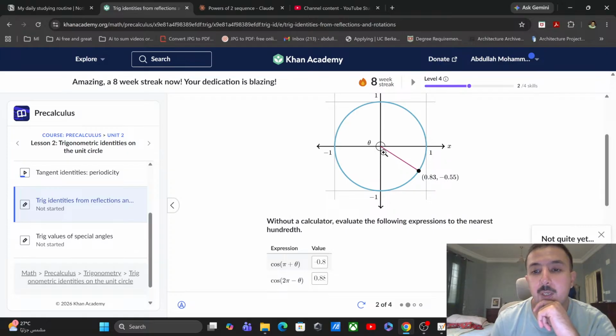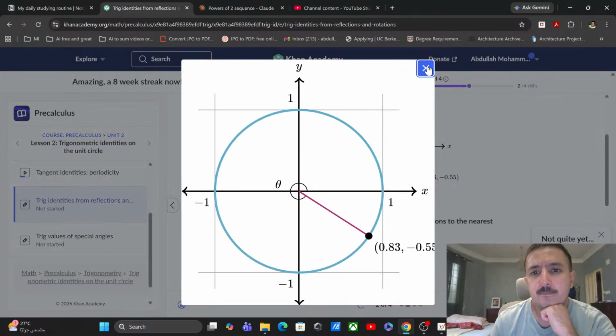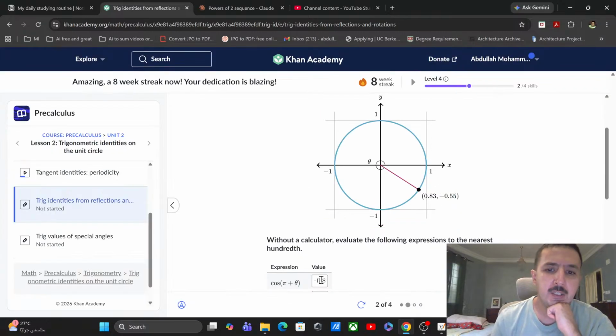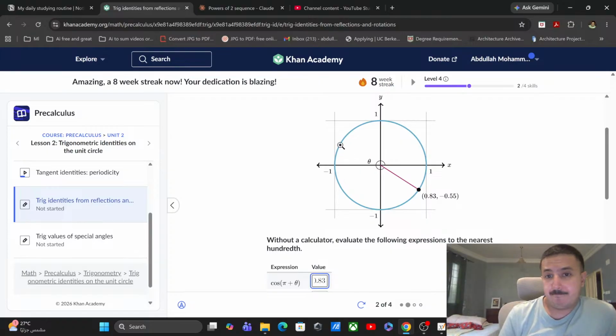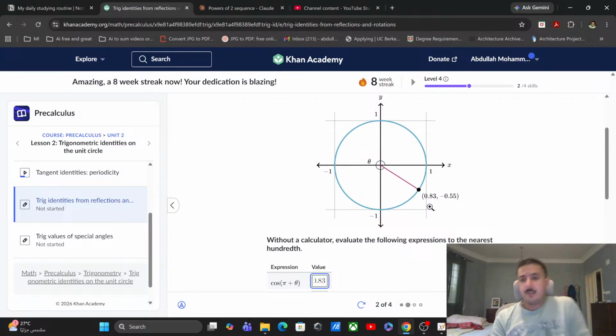This is what we're sure of. 0.83, because here it's going to be both negative. And he says cosine is the x. So the x is the same. Am I correct?